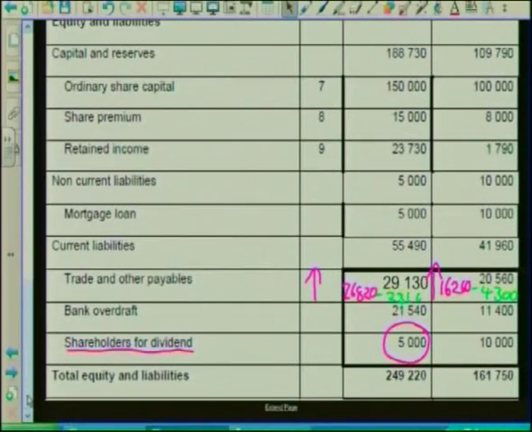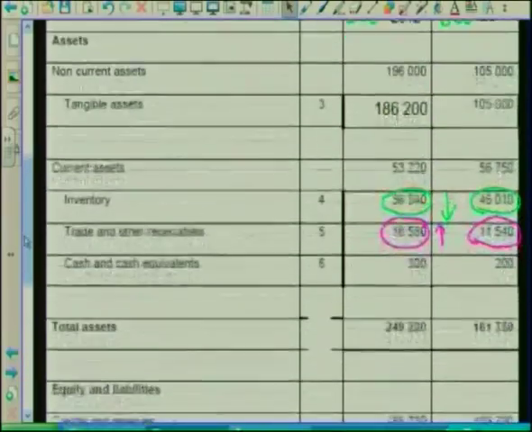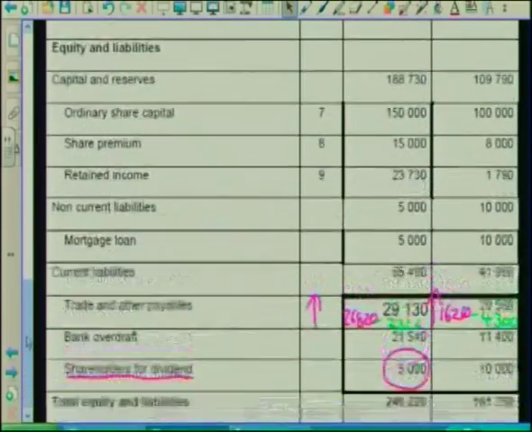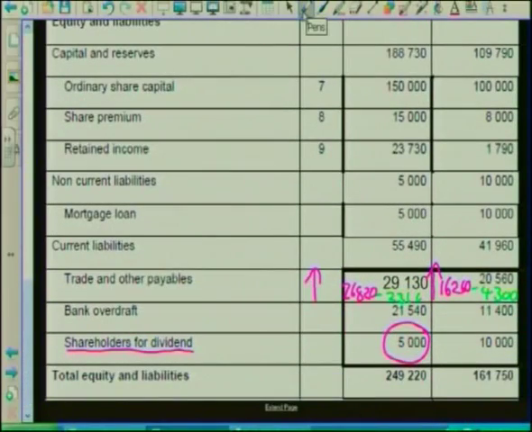And we're looking at, sorry, not bank overdraft, shareholders for dividends. There we go. And at the beginning of the year, remember guys, 2011 represents the beginning of the year. So at the beginning of the financial year, we were owing our shareholders from previous years an amount of 10,000 from the previous financial year. So let's now fill that amount in.